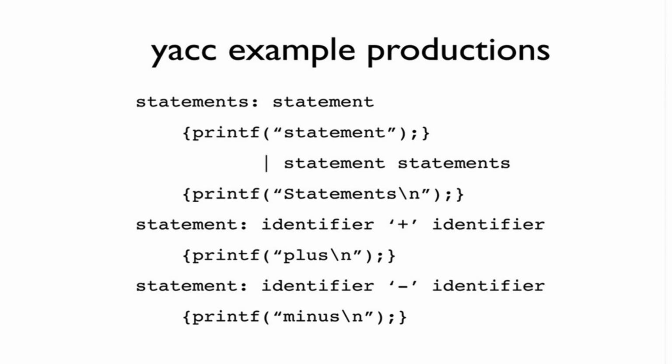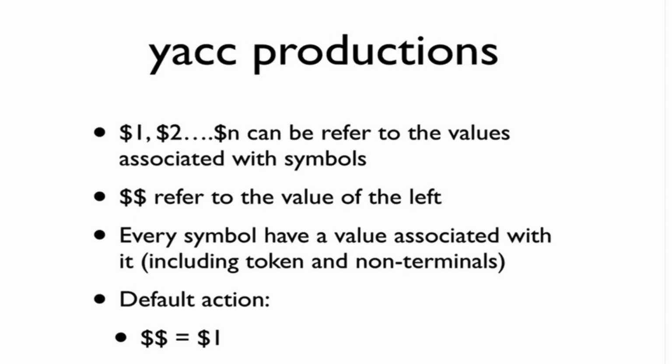Then in the productions, these $1, $2 till $n can be referred to as the values associated with the symbols. Fine. So suppose here I want to print the value of statement, or the value that the statement holds, then I need to use $1. Okay.